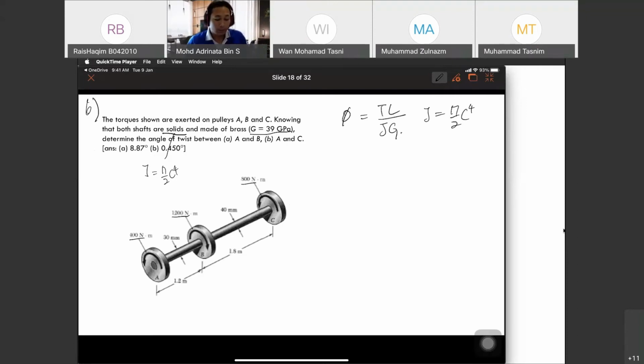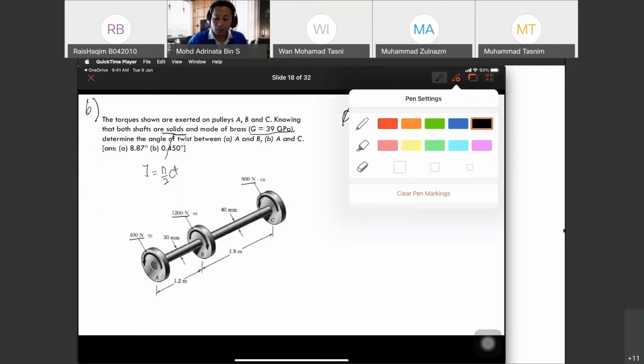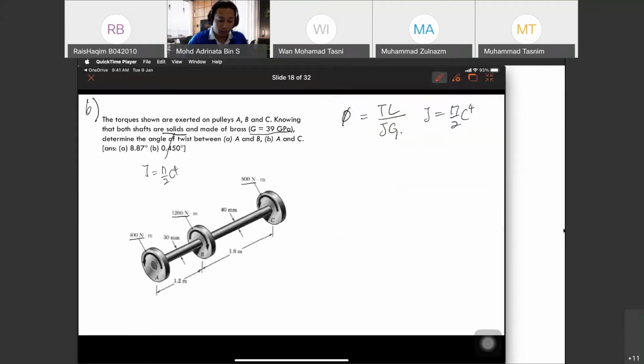As usual, you need to draw a free body diagram, and you cut here for TAB, so you will get TAB is equal to 400 Newton meter. It's easy, but it's okay, you do it. Cut here, TBC is equal to 800 Newton meter.